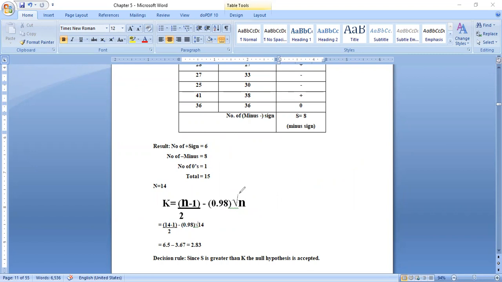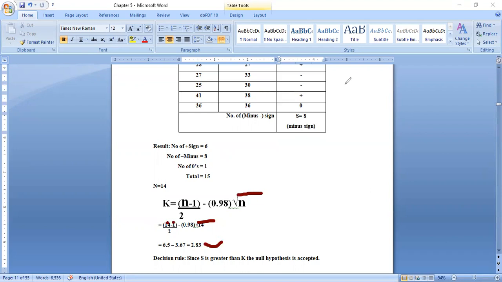That is, k is equal to (n minus 1) by 2 minus 0.98 into under root n. Here n is 14. According to the formula, we write 1 divided by 2 minus 0.98 into under root 14. Finally you got 2.83. 2.83 is the k value.